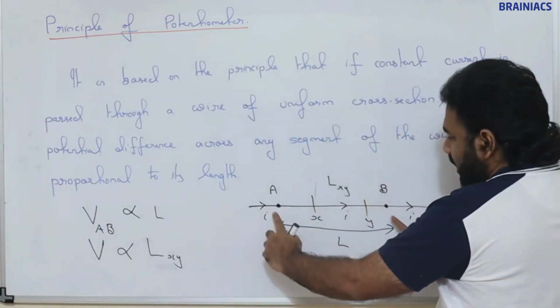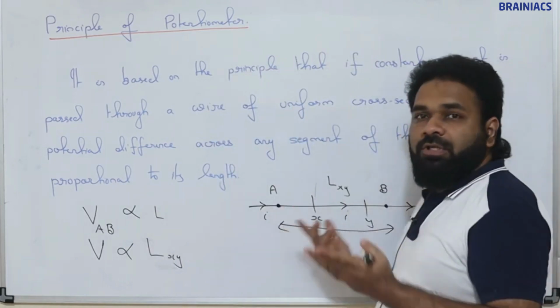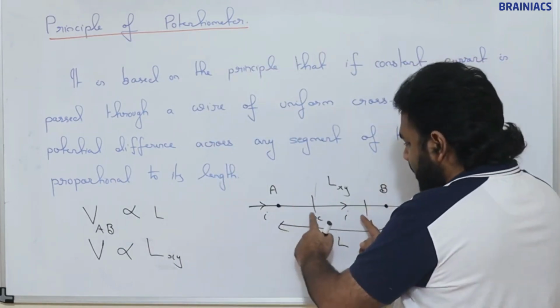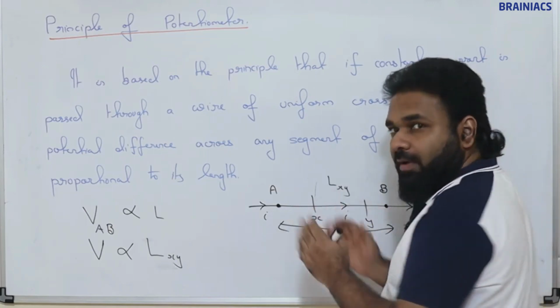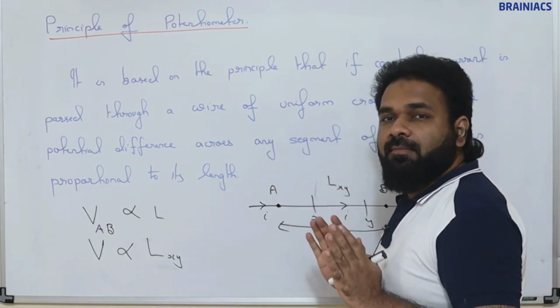If we measure across AB, the voltage will be more, or if we measure the voltage across X and Y, the voltage will be less.